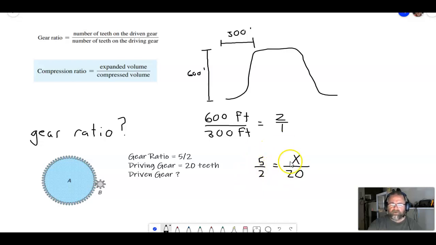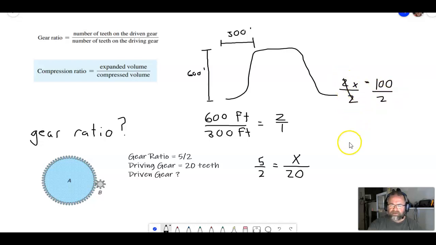So first you cross multiply either way. So I'm going to do X times 2. So this is going to be 2x is equal to 5 times 20, which is 100. And then you're going to divide. Whatever number you have multiplying your variable, that's what you divide by. So right now we have a 2, so I'm going to divide both sides by 2.